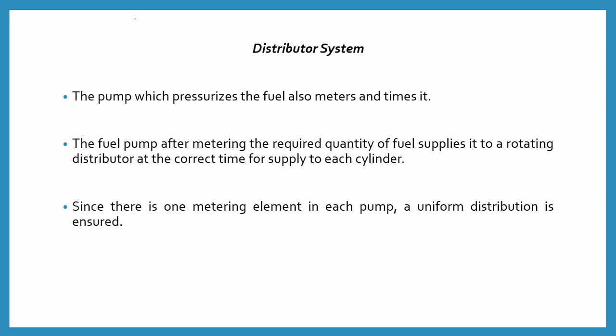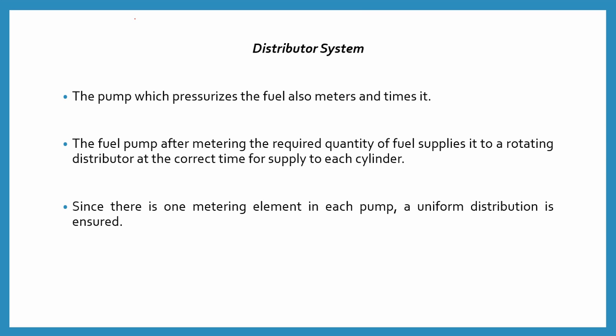Here the rotary type of distributor pump pressurizes and distributes the fuel to each cylinder. The fuel from the fuel filters flows from the transfer pump to the distributor pump itself.